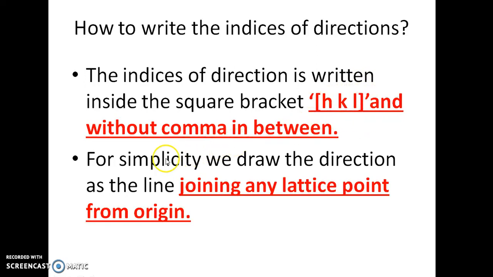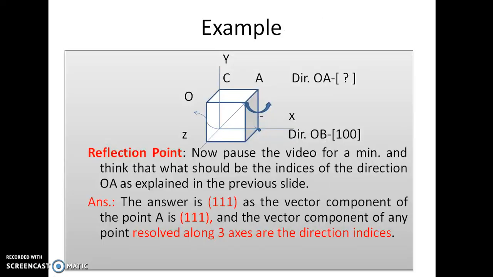Now for simplicity, we just draw the direction as the line joining any lattice point from the origin. Let me explain this with an example. In the example, we have taken a unit cell, and here O is the origin, and we have taken different points.